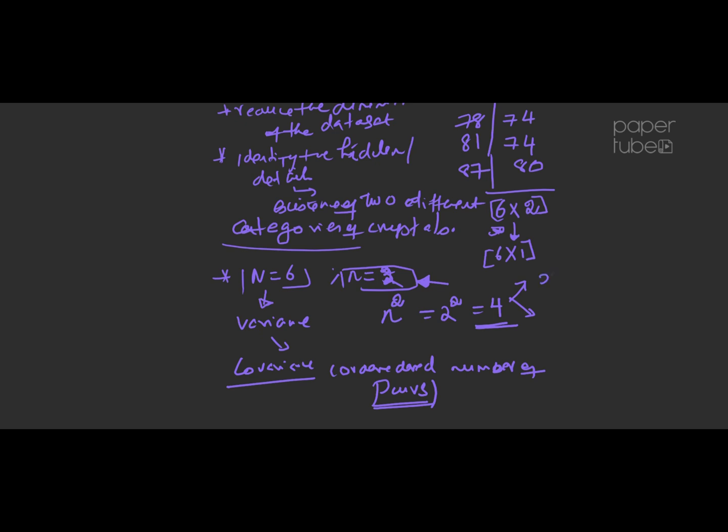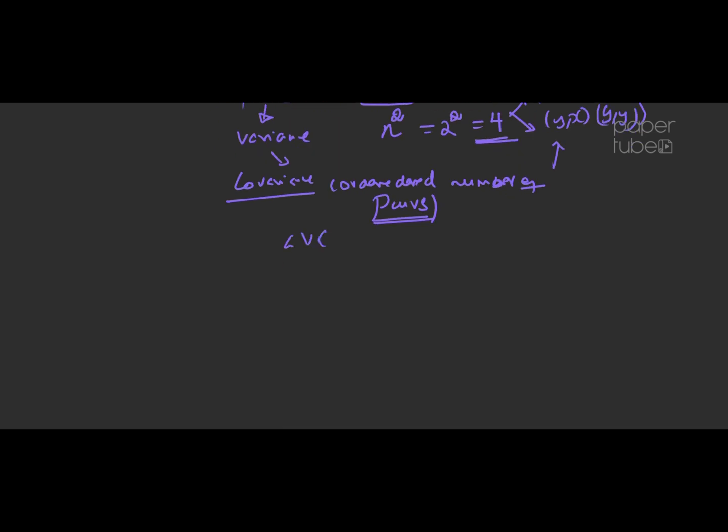So I already explained in the previous video, we have x comma y, which means you can get up to 4 pairs: x comma x, x comma y, y comma x, and y comma y. And then you have to calculate the covariance of these ordered pairs, which is covariance of x comma x, covariance of x comma y, covariance of y comma x, and then covariance of y comma y.